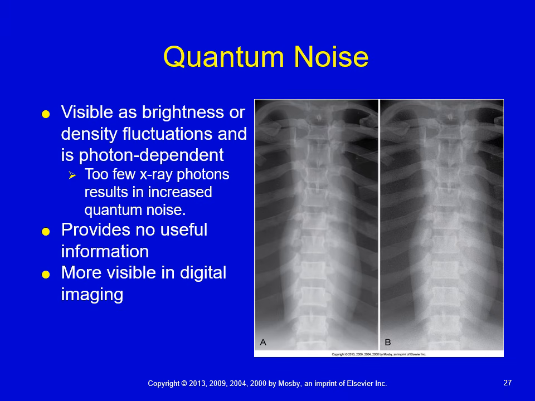So if not enough X-ray photons reach the image receptor, you can't create the image that you need. With that being said, it's really difficult for me, from looking at this slide, to distinguish which one is noisy versus which one is regular. But the noisy one has basically a grainy or speckled appearance, so to speak.